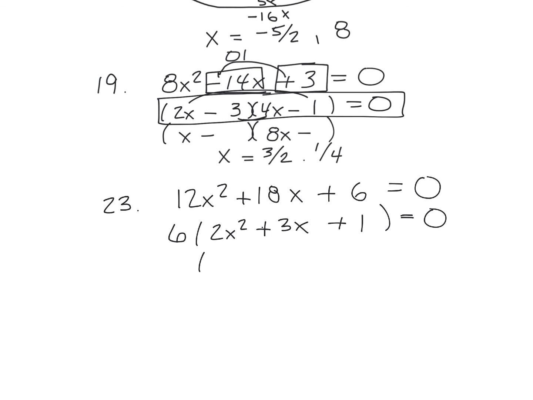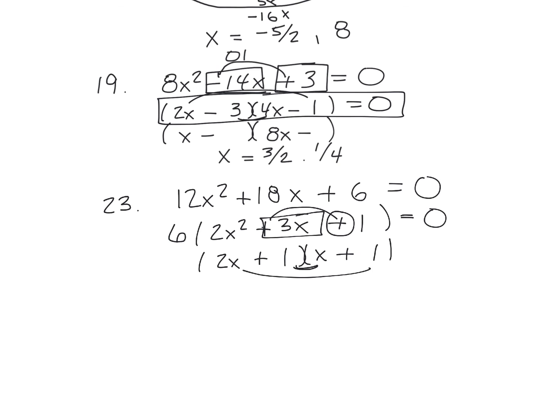And I don't have to worry too much about that 6, but I'm going to have 2x and x. This tells me both signs must be positive. 1 and 1 are my only options. And if you look at this, 1x and 2x does give you the 3x. It does work. And my solutions would be negative 1/2 and a negative 1.